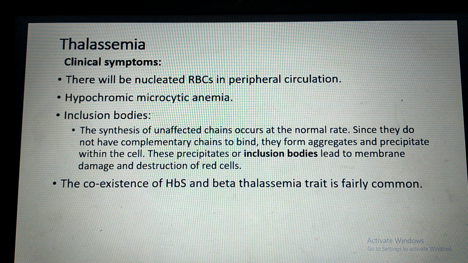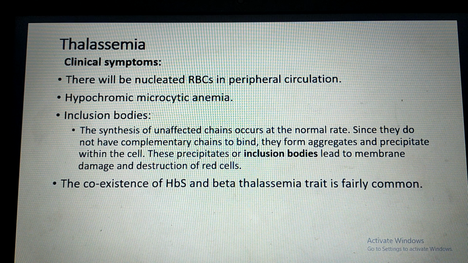That color becomes faint and hence it is called hypochromic. Microcytic means the size of RBC is also decreased. The color of RBC is faint because of the presence of less hemoglobin inside the RBCs, and they are also of small size, hence it is called hypochromic microcytic anemia.